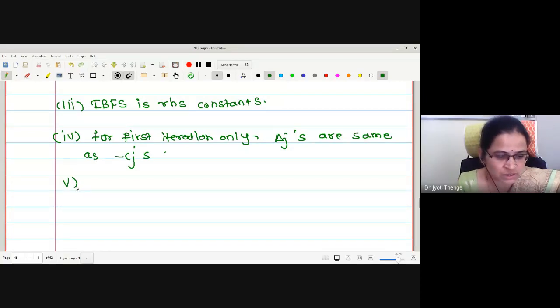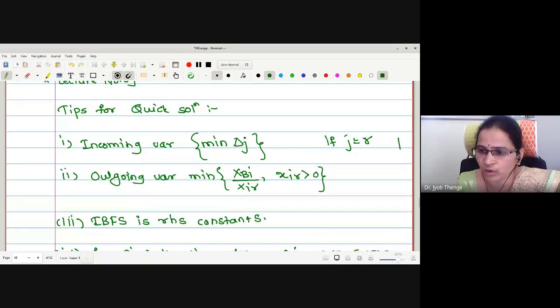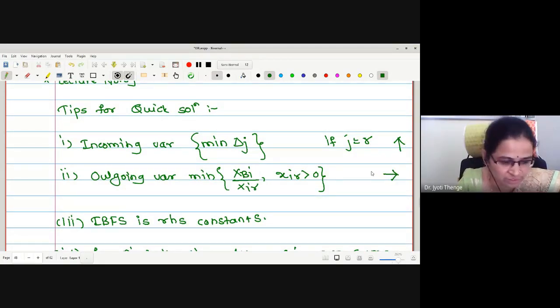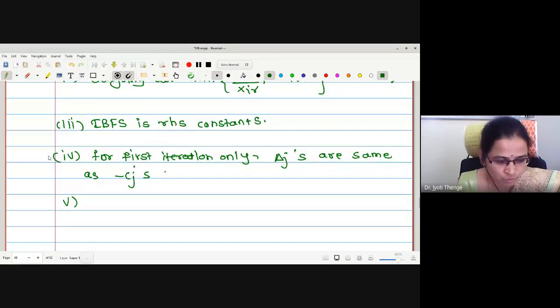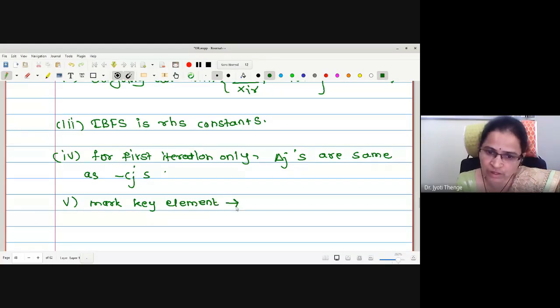Next, whatever minimum delta j we are going to write, you should make an arrow like this for entering. Here you should make an arrow for leaving. Then what you have to do? Mark the key element. And what is the process you have to remember?